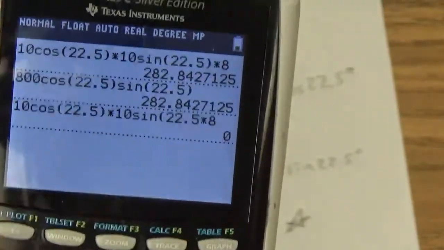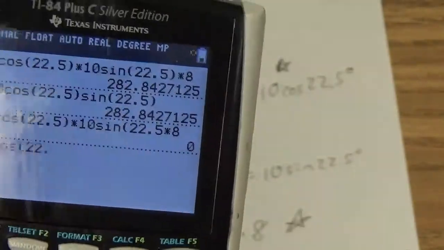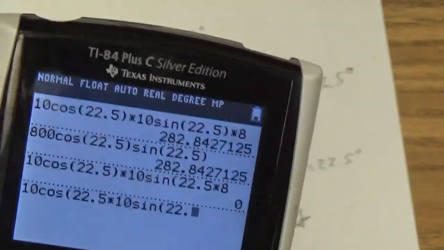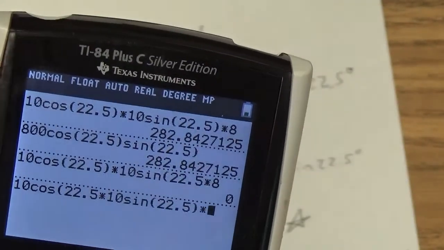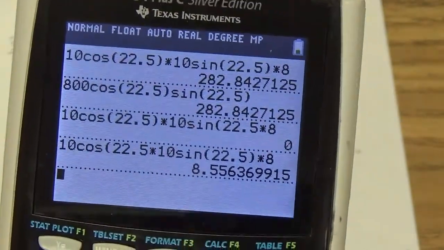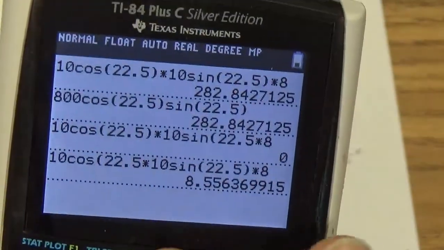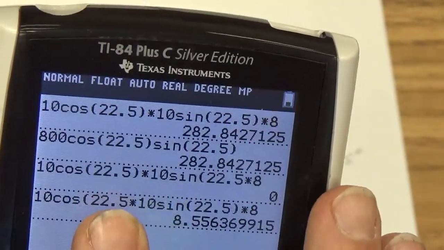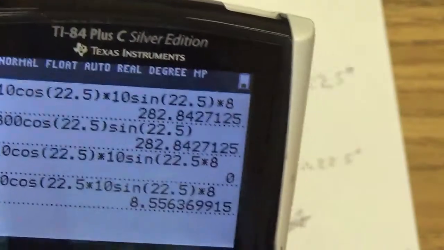Okay, what happens if I don't close the first parenthesis? 10 cosine 22.5 times 10 sine 22.5. I remembered to close that one, times 8. 8.556, very different answer again. It's because what happened is it took this 10 sine 22.5, did all of that math, and then times it by 22.5, whatever that happens to be, and took the cosine of that angle. Obviously, that's not what we want.